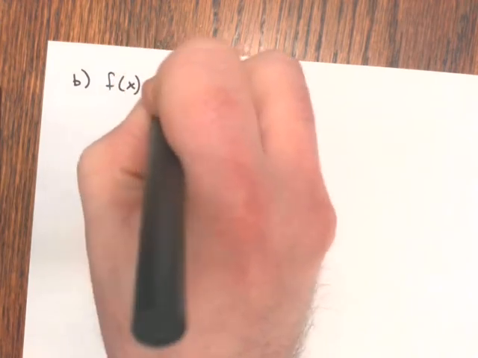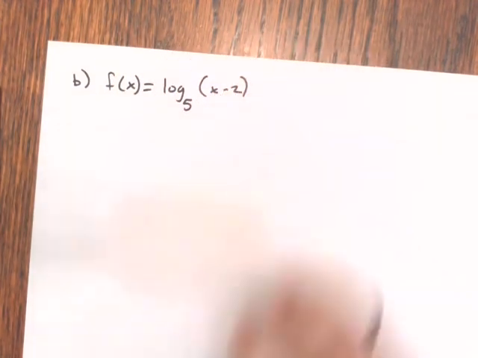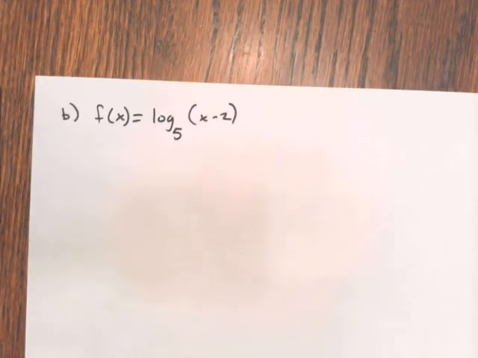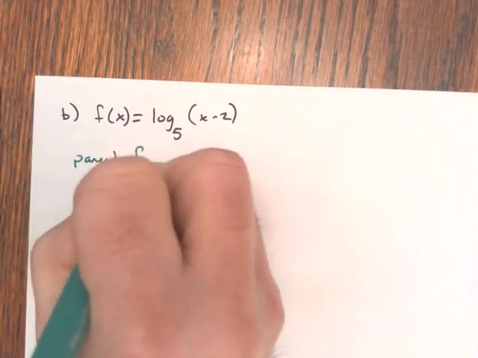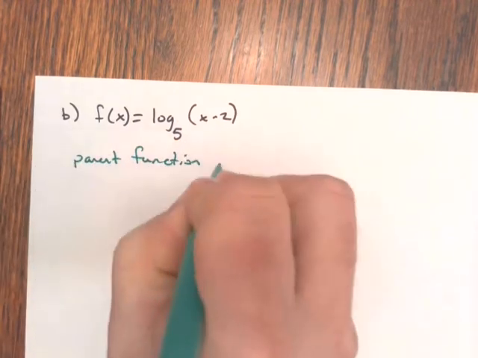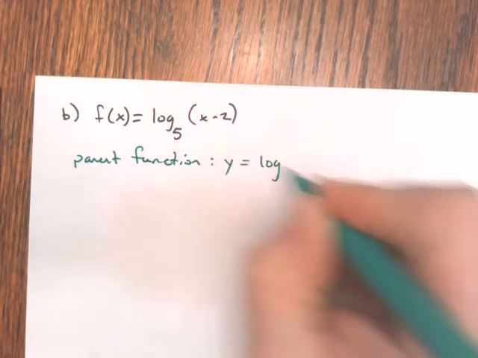For letter B, I'm going to take a look at f of x is equal to log base 5 of x minus 2. The parent function would be y is equal to log base 5 of x, keeping the base of the log the same.